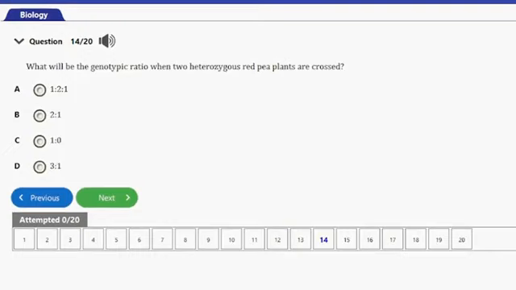What is the genotypic ratio when two heterozygous red pea plants are crossed? We have 1:2:1, 2:1, 1:0, 3:1. So guys, the answer to this question is 1:2:1. So when you make a cross for these plants, you obviously see this.